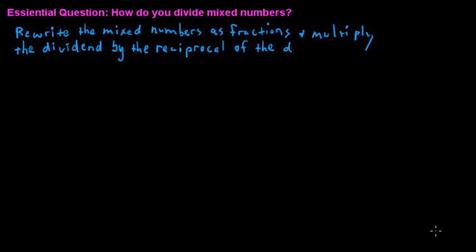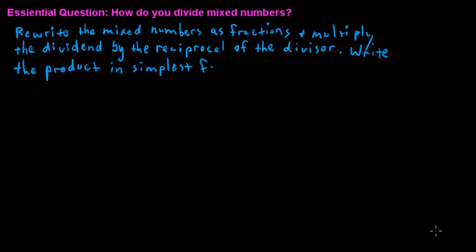So for practical purposes, you flip the numerator and the denominator. So we're going to multiply the dividend by the reciprocal of the divisor. So if the divisor is 1/3 in the previous example, we multiply it by the reciprocal of 1/3, which is 3 over 1. And then we're going to write the product in simplest form.